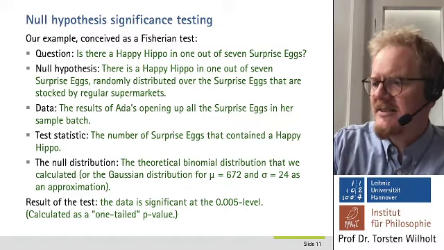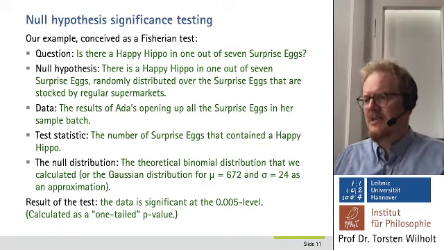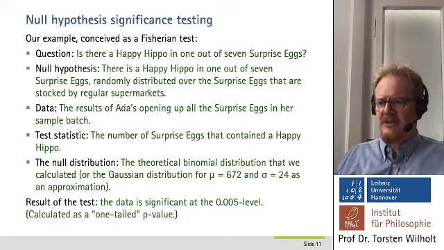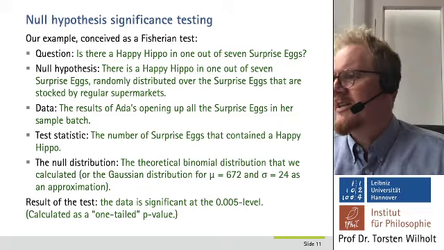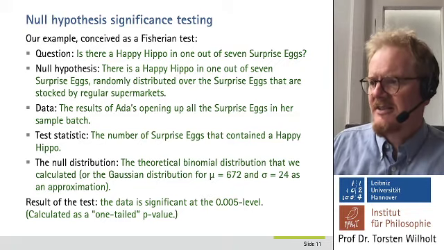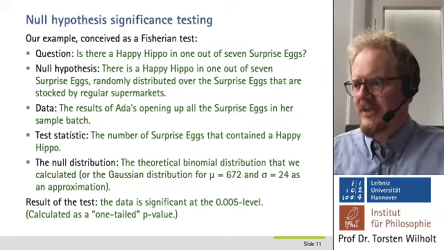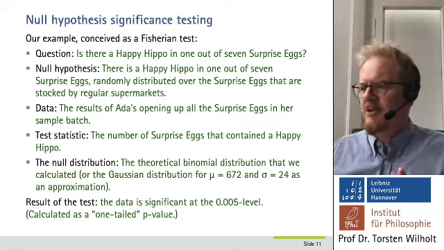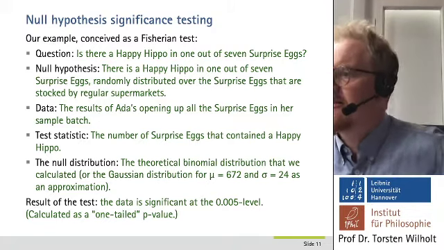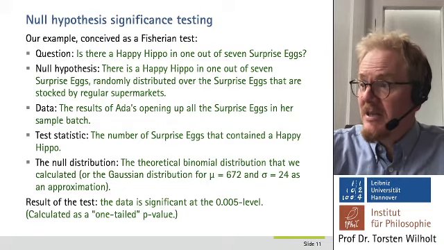In this case, it would be really weird to use a two-tailed statistical test, because the interest is in assuring a minimum number of happy hippos.